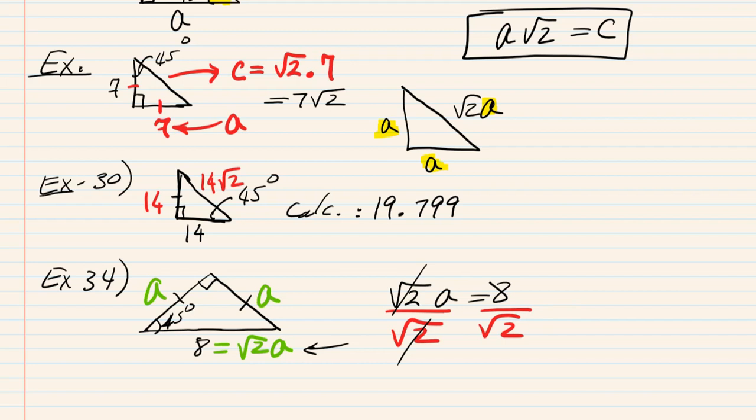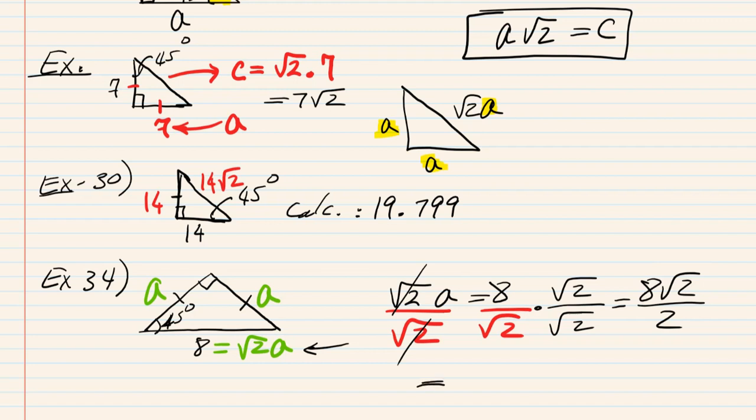Now, they don't want radicals in the denominator in these types of problems, so let's rationalize the denominator, something we did in 2 sections back in chapter 10. So multiply top and bottom by root 2, and this is 8 root 2 divided by root 2 times root 2. Root 2 times root 2 is just 2.